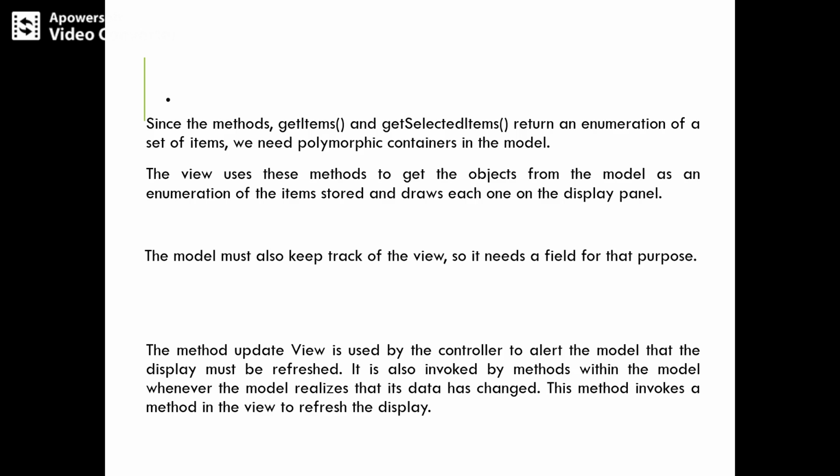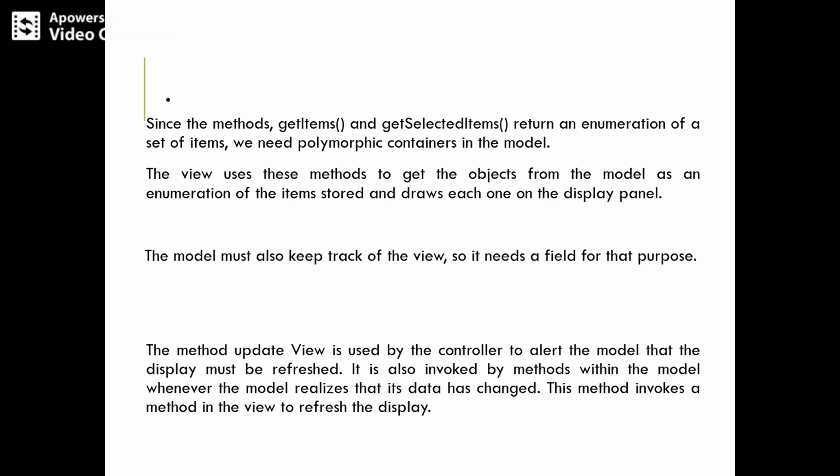Since the methods get items and get selected items return an enumeration of a set of items, we need polymorphic containers in the model. The view uses these methods to get the objects from the model as an enumeration of items just stored, and draws them on the display panel.